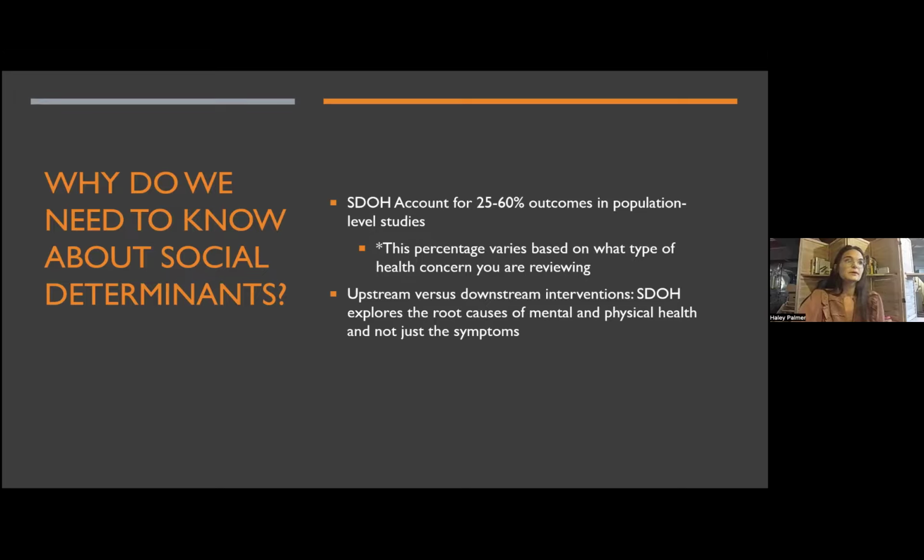As someone who is a clinician and works in a clinical and medical setting, I'm constantly balancing to not pathologize what people are going through, but also understand that we do work with mental and physical health disorders. But I think when we use a social determinants of health informed approach, that helps us navigate that.